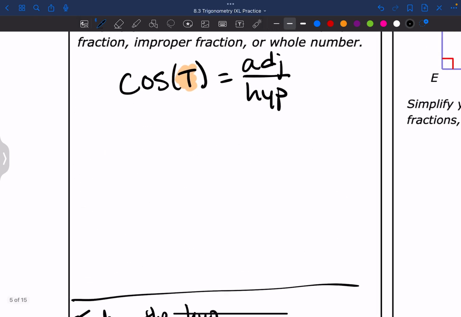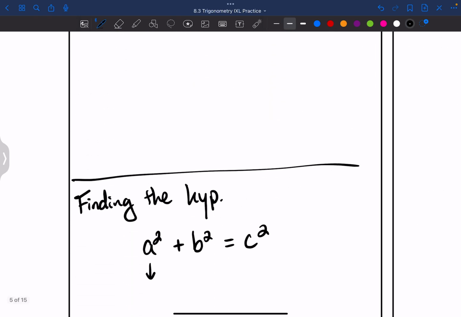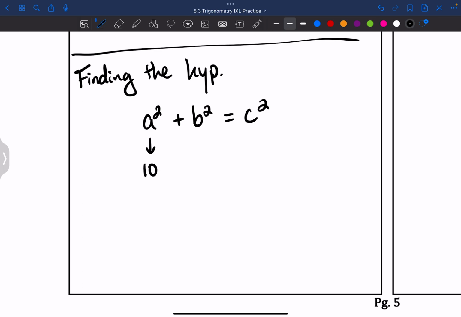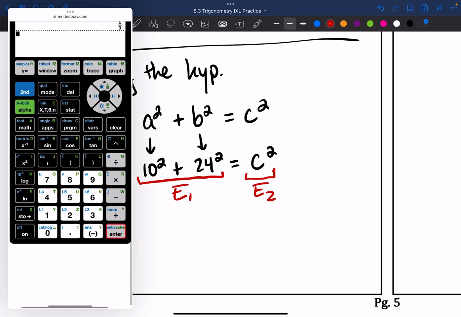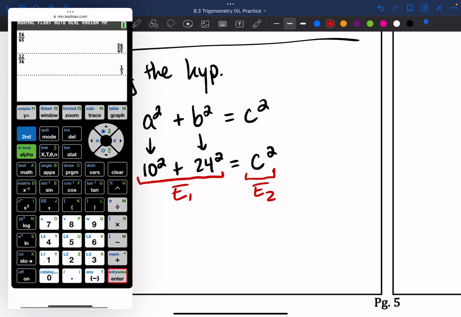So 10 squared plus 24 squared equals C squared. So I substitute A and B. Now I can just use numeric solver to help me quickly find that missing value. So let's do that real quick.